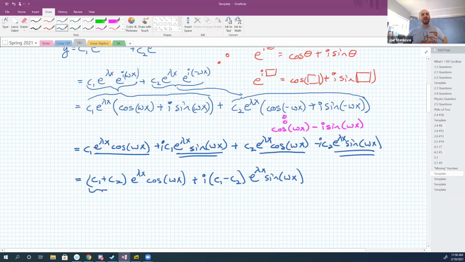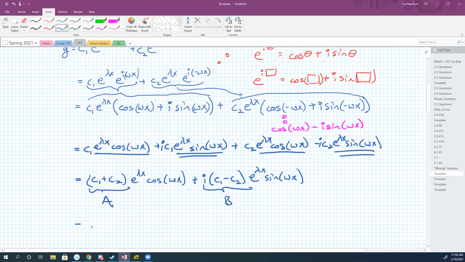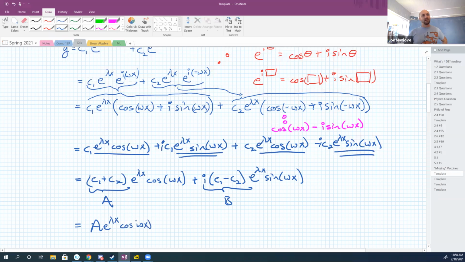So this is where we get away with saying, I'm going to call that A, and I'm going to call this B, and then I'm going to have A e to the lambda x cosine of omega x plus B e to the lambda x sine of omega x.